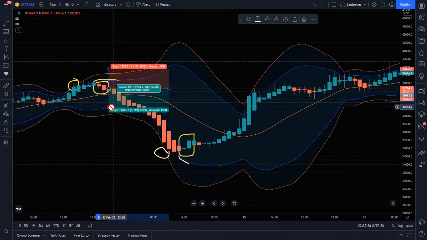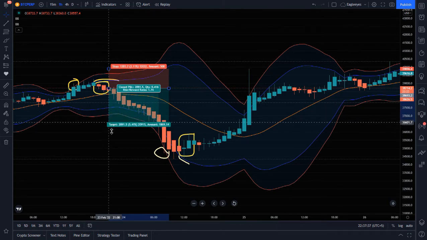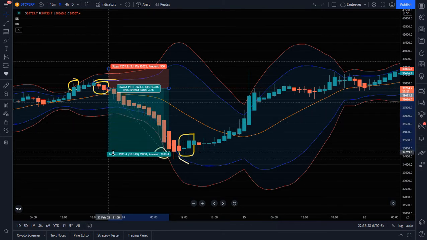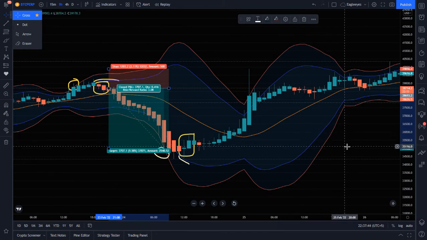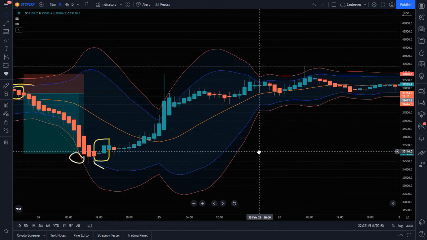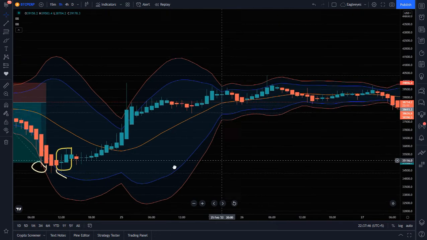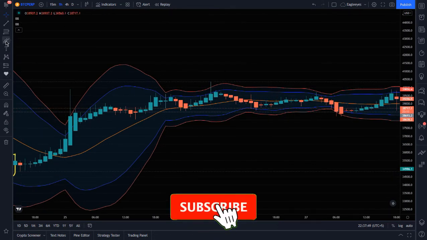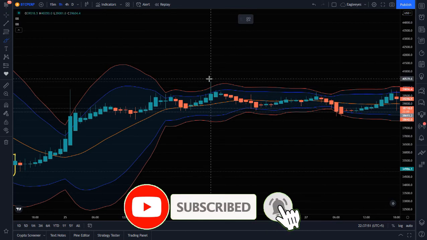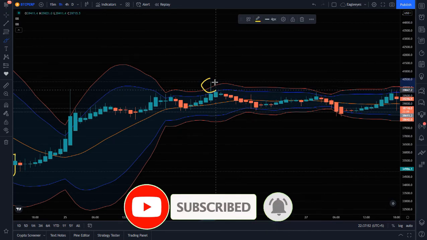Because that means there is a ranging period. What I am trying to say is, whenever they are not opposite candles after closing inside the second Bollinger Band, then there is a possible chance of a ranging period.